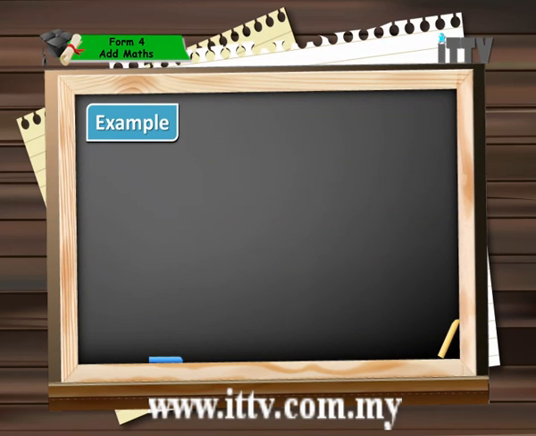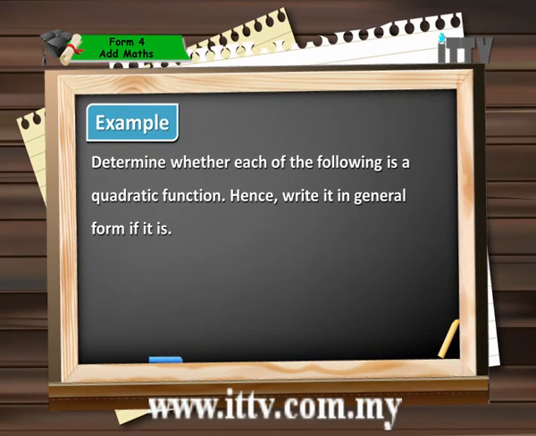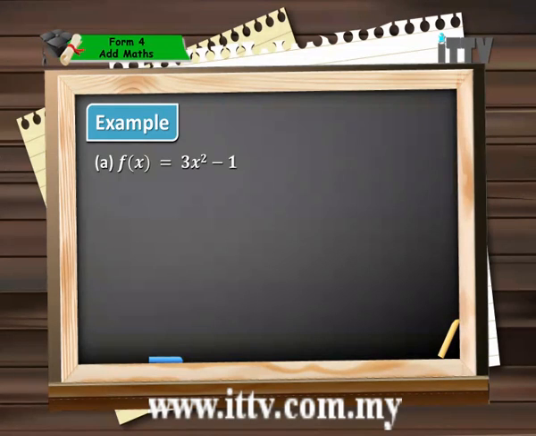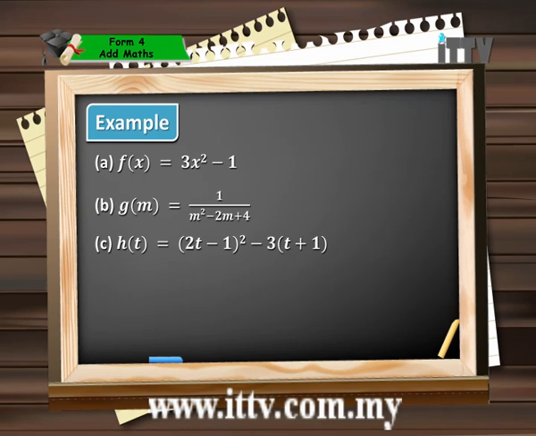In this example, determine whether each of the following is a quadratic function, and hence write it in general form if it is. These are the functions. A, f(x) equals 3x squared minus 1. B, g(m) is equal to 1 over m squared minus 2m plus 4. In C, we have h(t), which is, in brackets, (2t minus 1) squared minus 3 into (t plus 1).